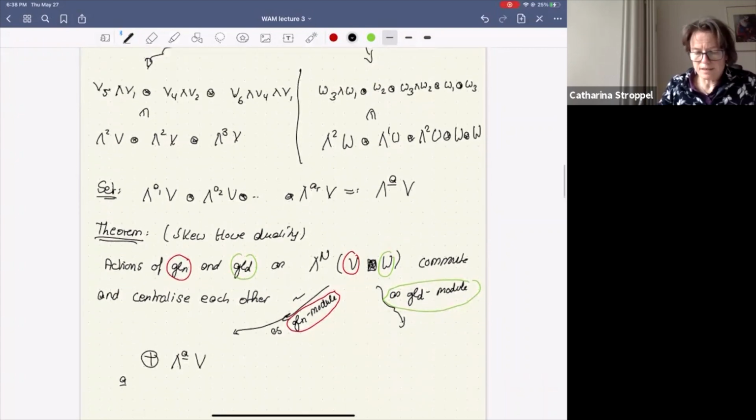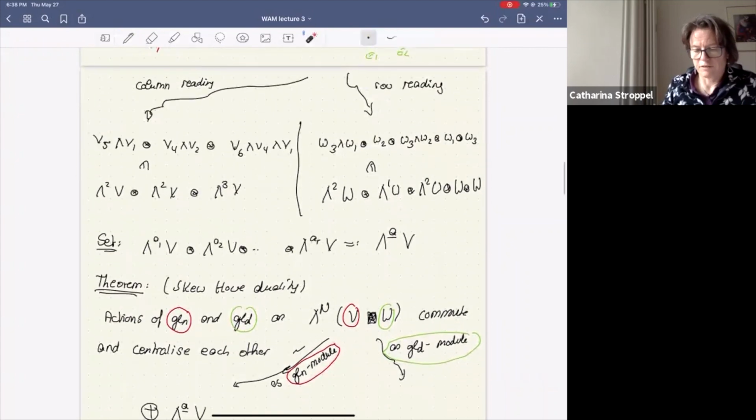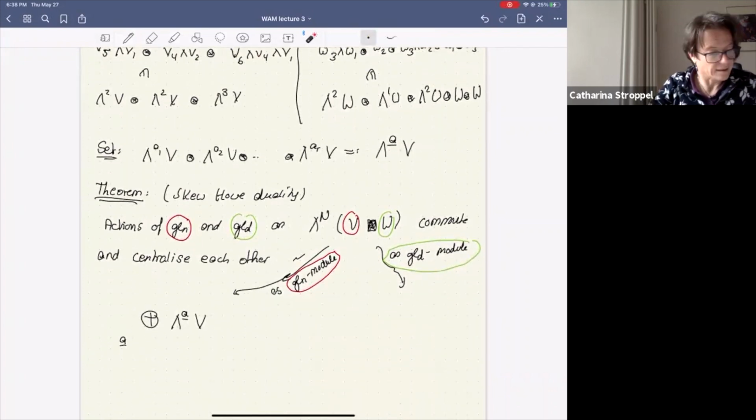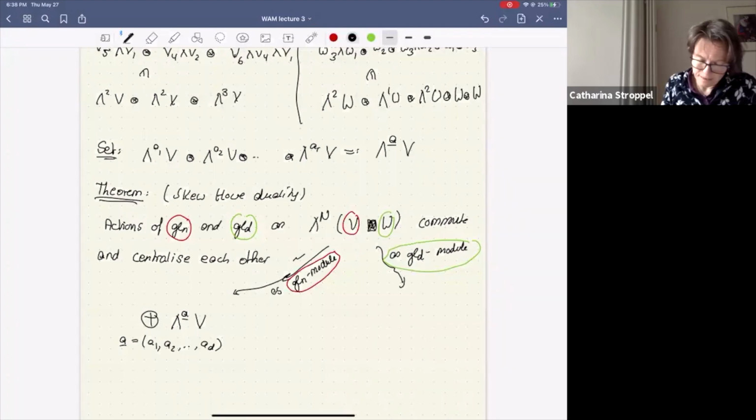So now from this rule, from reading this column, what I get is that the number of tensor factors is exactly the number of columns. So I have my A, which has entries A1, A2 up to AD. They might be 0. And the sum of the AIs has to be the number of dots in my picture, so it should be N. And on the other side, for GLD, I get the same picture.